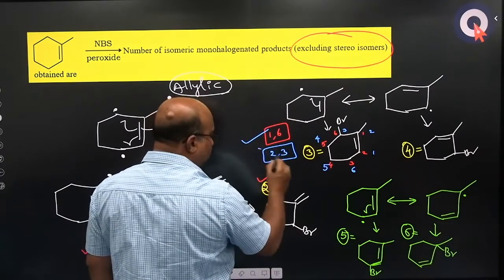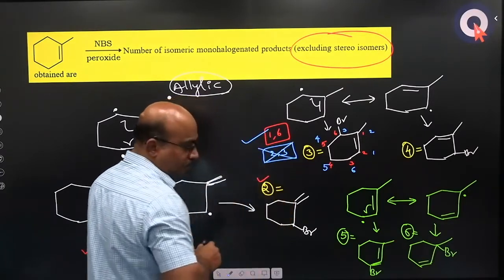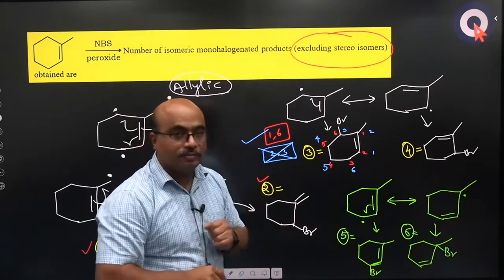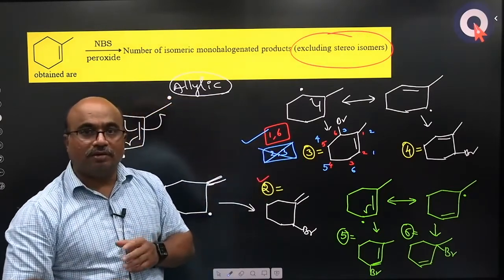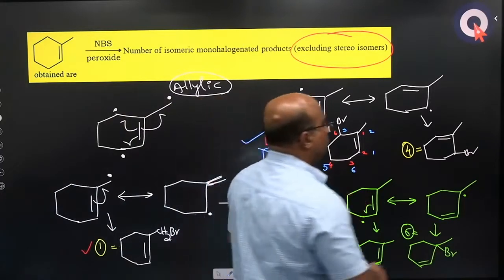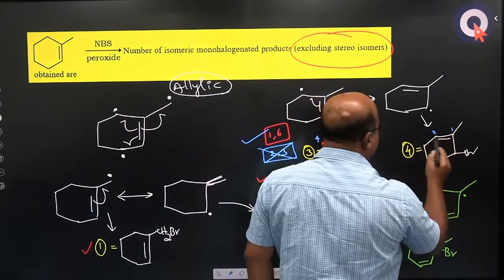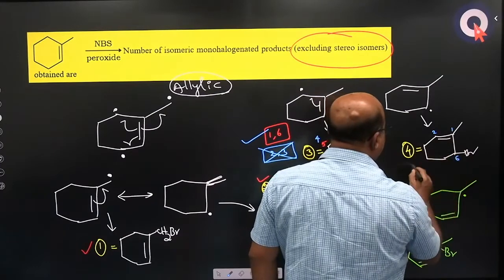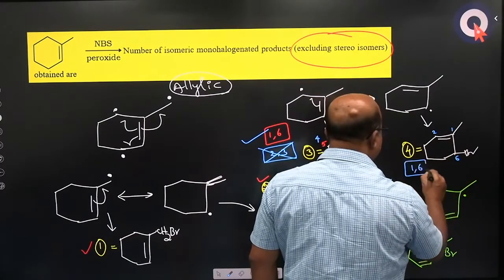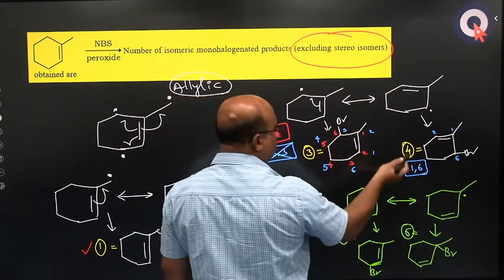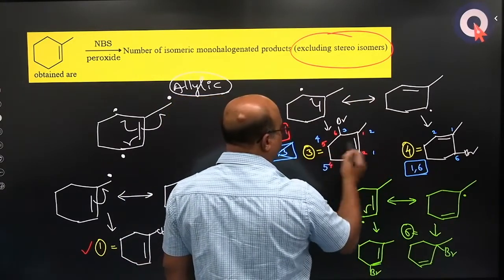This is correct, this is wrong. So this is 1, 6. What about this one? This is also 1, 2, and you can't number from this side, so this is again 6. So this is also 1, 6. Both these compounds, 3 and 4, are actually the same.